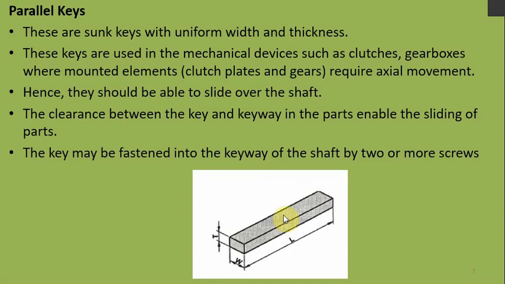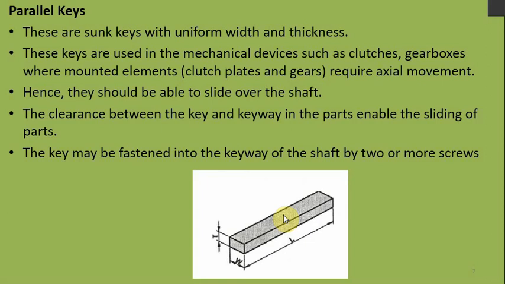These keys are used in mechanical devices such as clutch and gearbox, where mounted elements like a clutch plate and a gear require axial movement. That is, suppose one shaft is there, and over the shaft some element, some hub, needs to move over that shaft. In such a case we use parallel key.